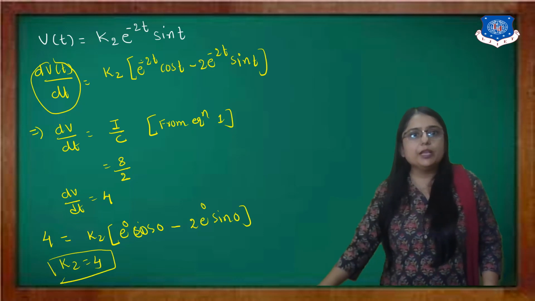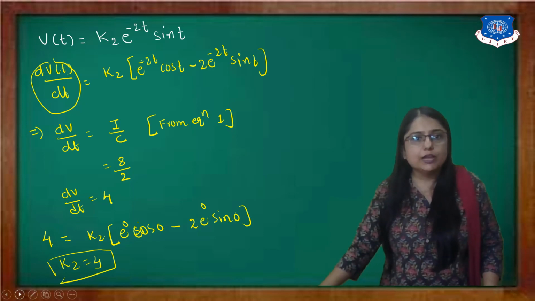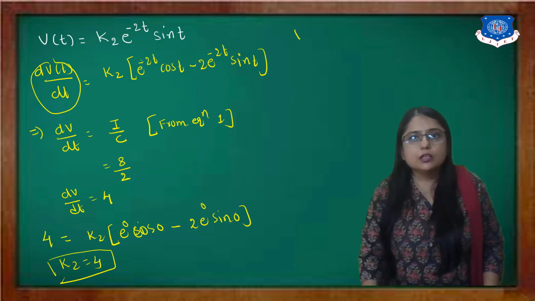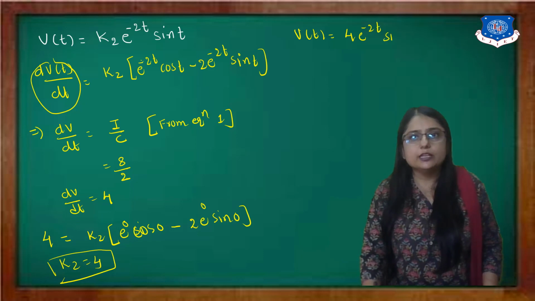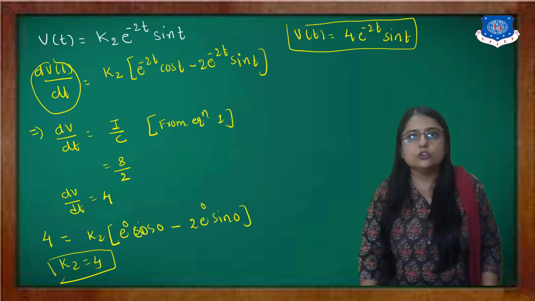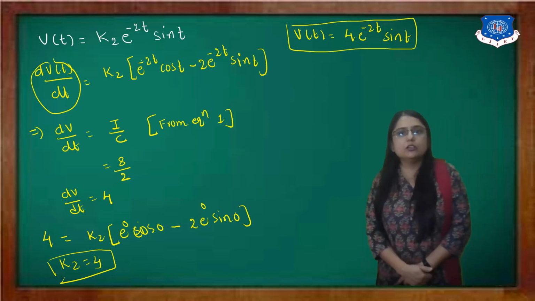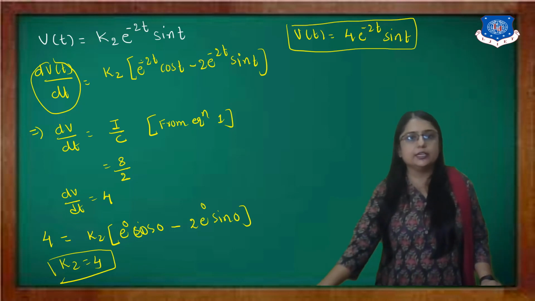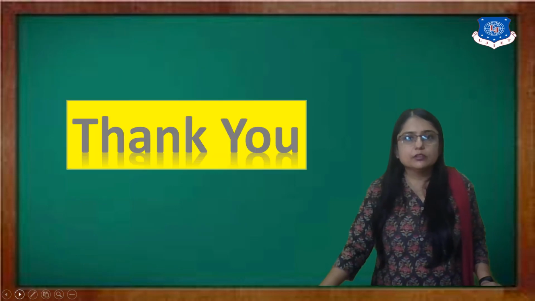Simply we substitute K2 equal to 4, and V of t becomes 4 e raised to minus 2t sin t. This is the particular solution for the voltage. I hope the second order is clear. Thank you.